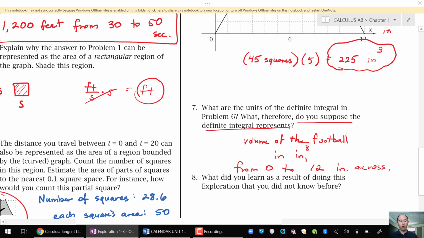Now we've got to be very careful when we apply the meaning of a definite integral that we always go back and talk about the bounds or the start and the finish of the integral. Don't just say that 225 is the volume of the football, but say that it's the volume from the 0 inches to the 12 inches, from the lower bound to the upper bound.